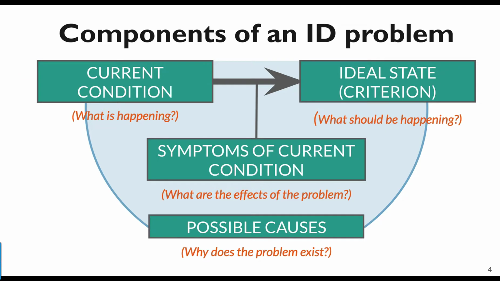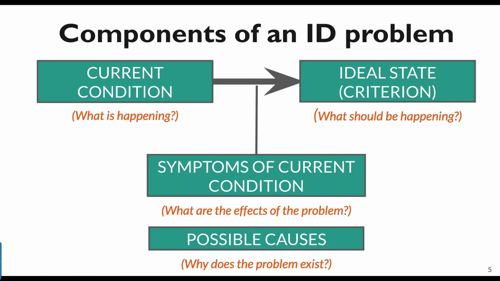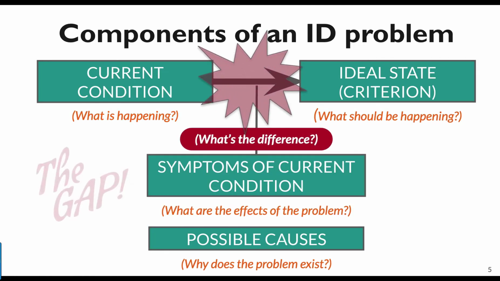Trying to understand that better state is part of the ecosystem in which this problem is occurring. It involves the current condition as well as what the symptoms are, the possible causes, all come out of the system in which you are trying to work. And there could be multiple different factors that require the instructional designer's analysis. The thing that you are analyzing is this gap.